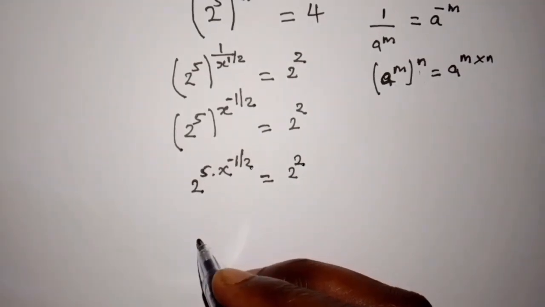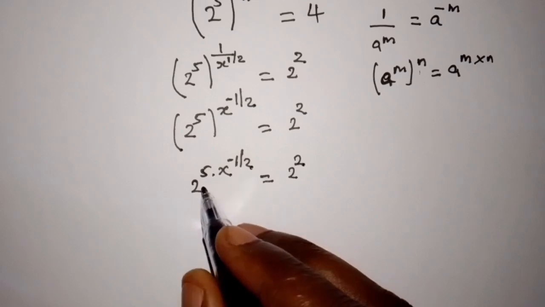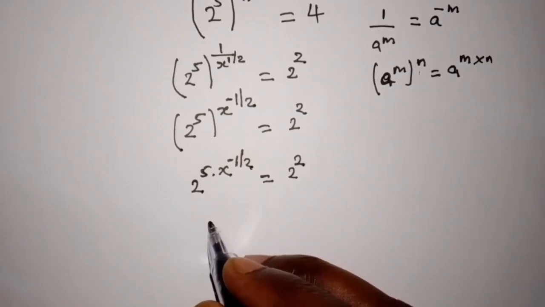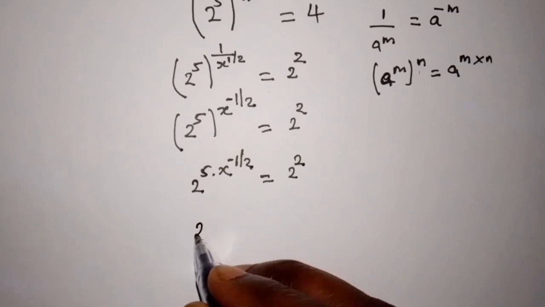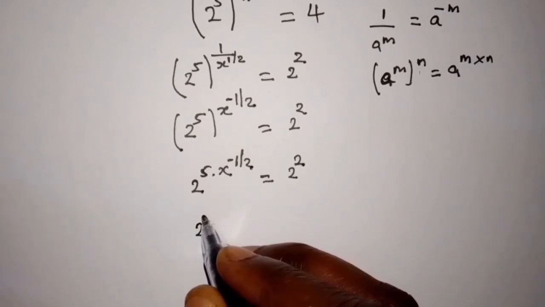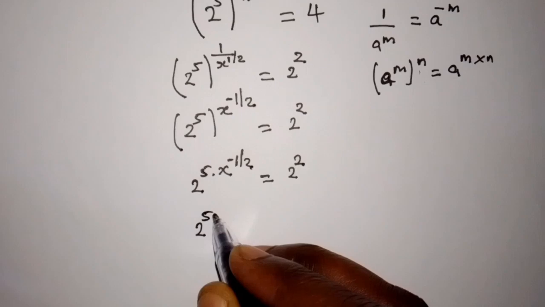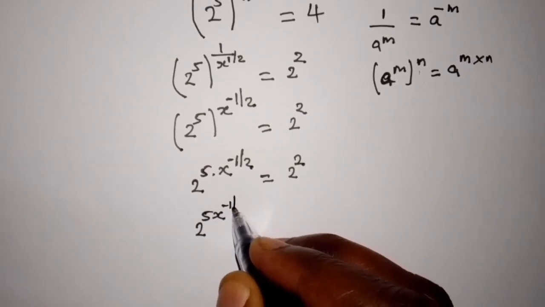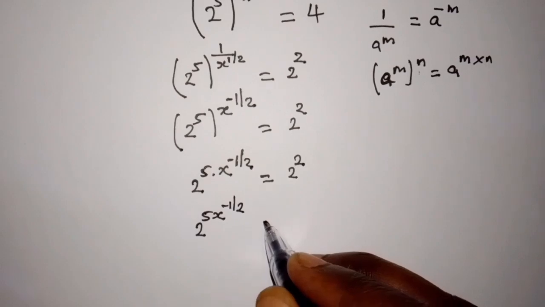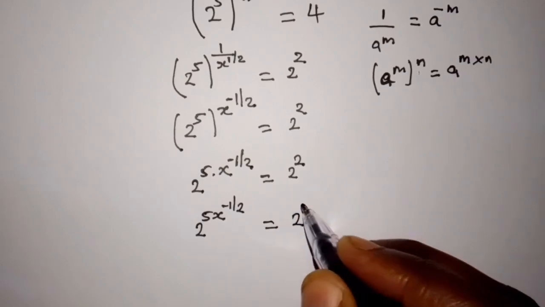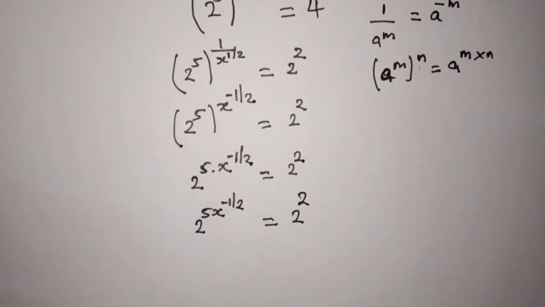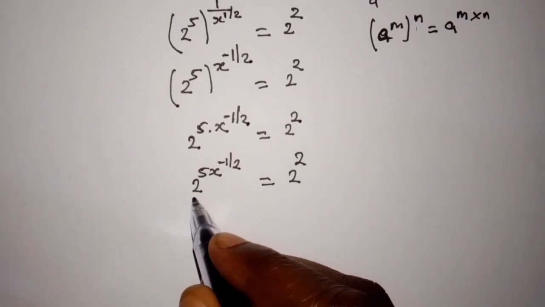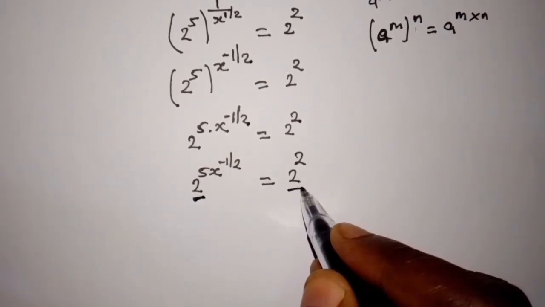Now we can express this one here as 2 power 5x power negative 1 over 2 is equal to 2 power 2. Now we have common base 2 here, common base 2 here.